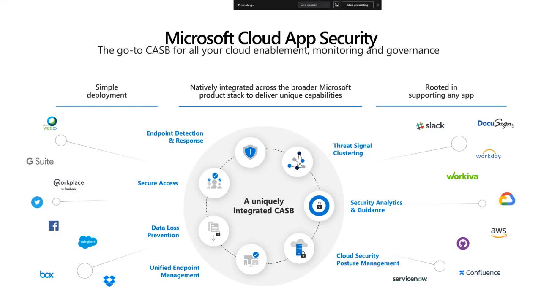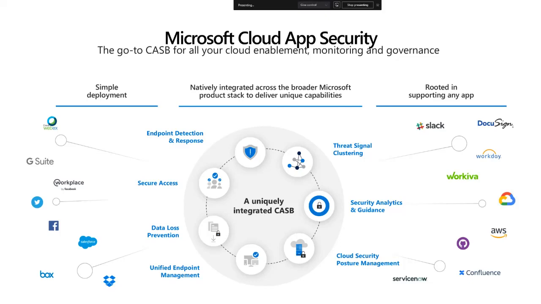Next, we have our secure access layer, so leveraging Azure Active Directory for our conditional access policies and using our reverse proxy. Next, we have our data loss prevention. So again, this is creating those file policies using our integrations with MIP to apply sensitivity labels to those documents.